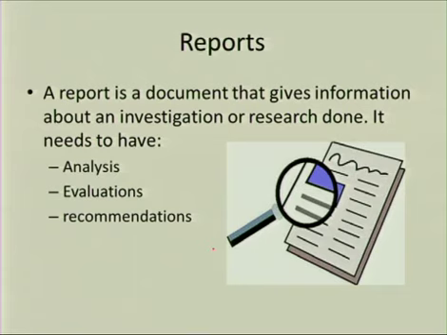Okay, now once you've gathered your information and you have sifted through the information that you need and you don't need, you are going to use your report to analyze, evaluate, and make recommendations.